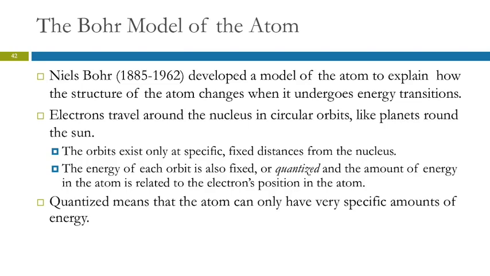The orbits exist only at specific fixed distances from the nucleus, and the energy of each orbit is also fixed. Let's say it's quantized. So the amount of energy in the atom is related to the electron's position in the atom, which orbit it's in. When we say that something is quantized, we mean that it can only have particular values.